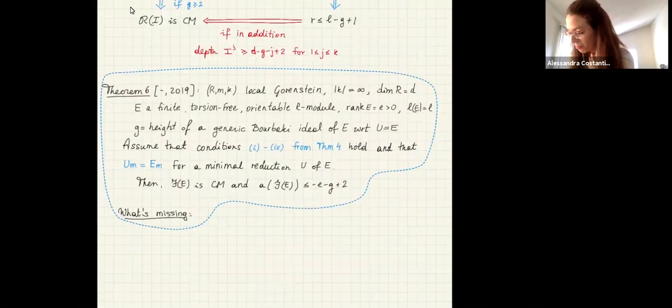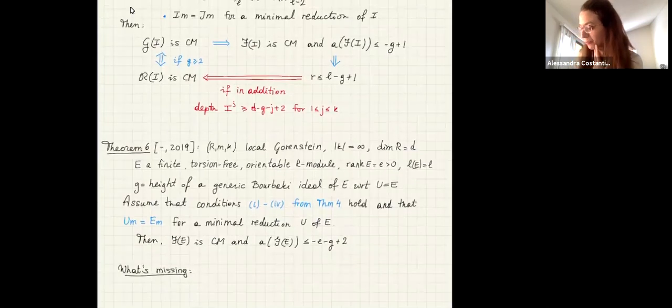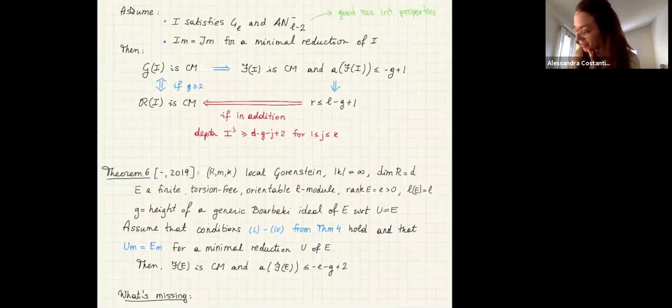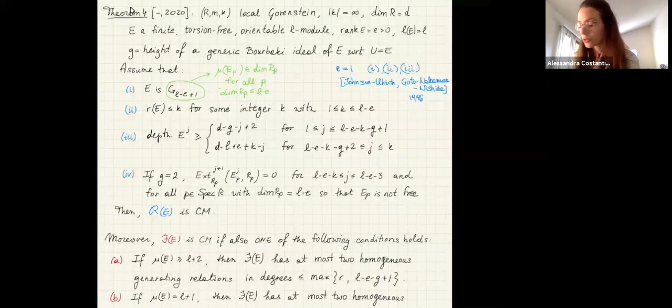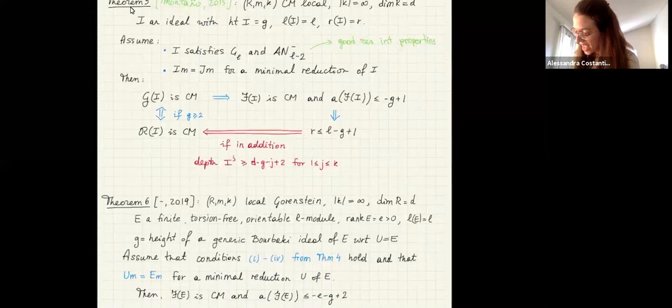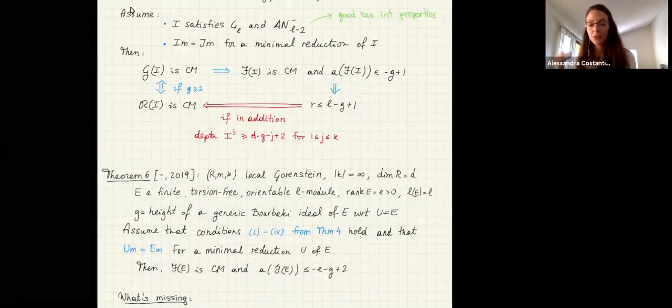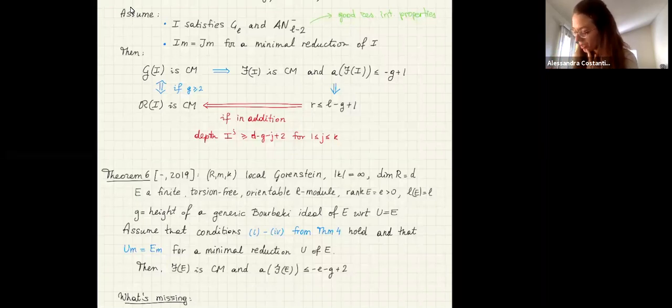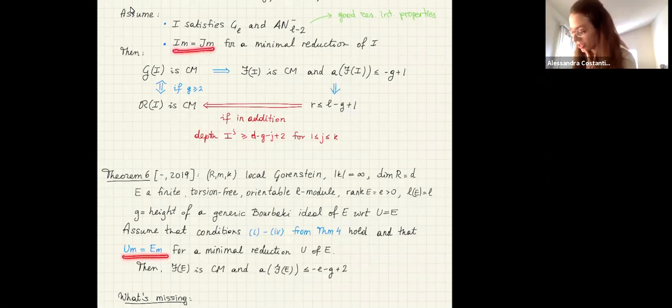Once I got my main Cohen-Macaulayness result for fiber cones of modules, in my thesis, I wrote down this result here. So assume that the first 4 conditions from the previous theorem, so if you remember, there were the blue conditions, the ones that guaranteed that the Rees algebra of the module is Cohen-Macaulay. Then our previous results tell us you will have the deformation property you need at fiber cone level. This condition on the minimal reductions replaces this condition here.